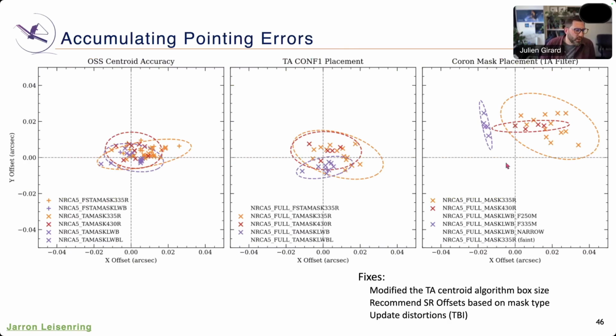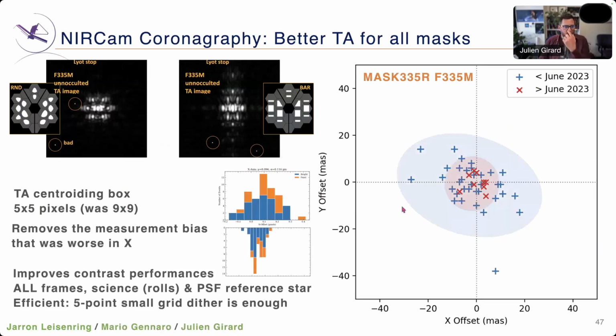Let's say our 1 sigma is around 10 milliarcseconds and our 3 sigma is around 30. Yeah, and that's just an improvement we've done. It's a slight improvement. We basically changed the size of the box that we do the centroiding on, and the centroiding was very skewed in X because of the non-central symmetric core of the PSF, and we basically gained a little bit.